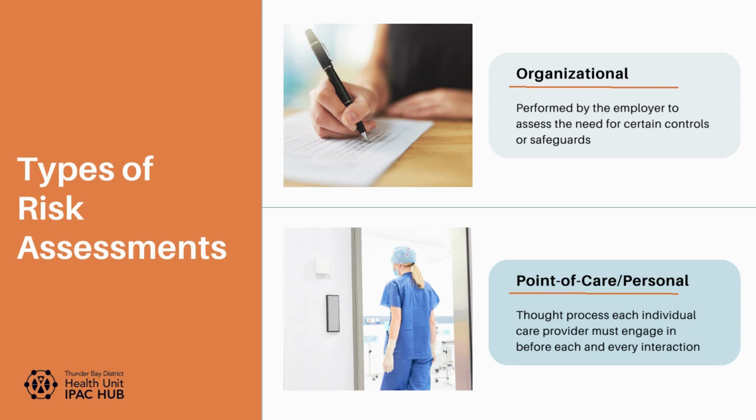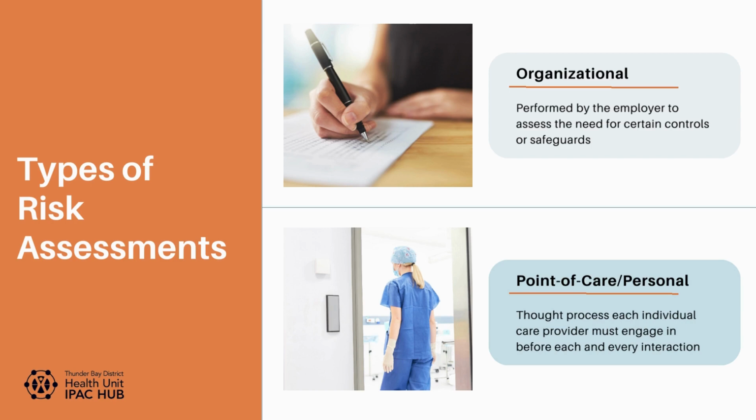Provision of the necessary personal protective equipment, or PPE, such as gloves, gowns, masks, and eye protection, is another important safety measure that must be provided by your employer through an organizational risk assessment. The second type of risk assessment is a point of care or personal risk assessment.